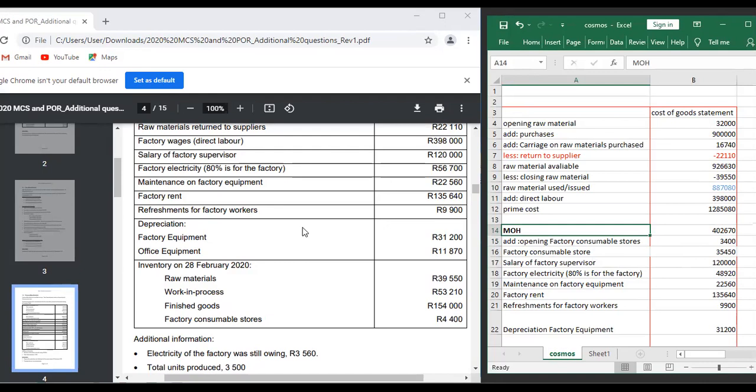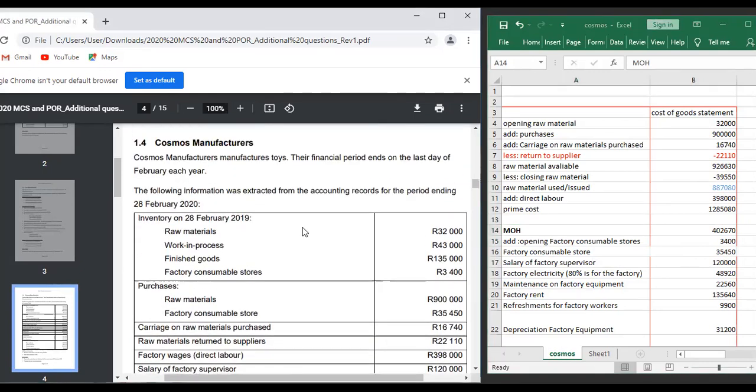In case you are worried about where I get those, they are right here, the opening balance of 3,400. To this opening factory consumables, you have to add the factory consumables that were purchased of 35,450. It doesn't make any difference because we're going to add all these items.